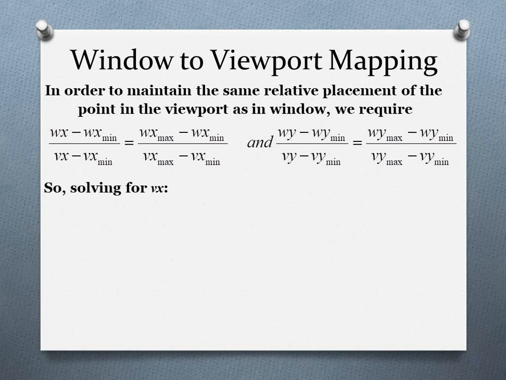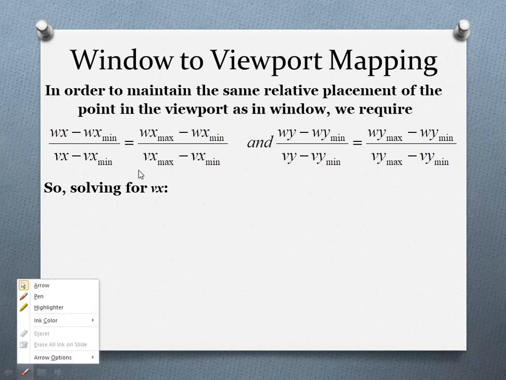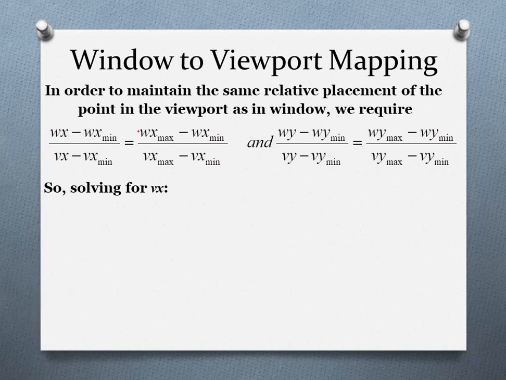So we can solve this equation to find out the value of Vx. How will we solve this? Here, we will shift this value to the denominator, and then we will shift this value to the numerator at the RHS, and then we will shift it again to the LHS.